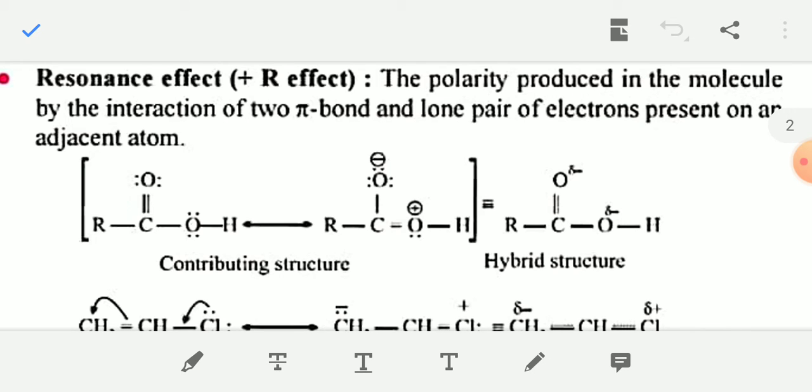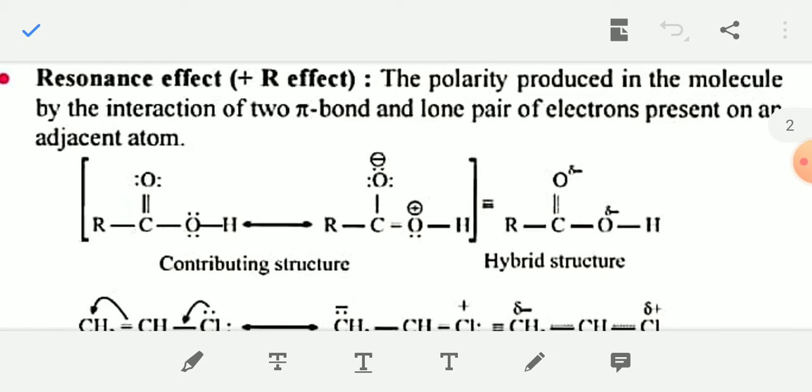Resonance effect, also called R effect, or sometimes mesomeric effect, which is represented by M. And resonance means conjugation between the pi electron and lone pair electron.